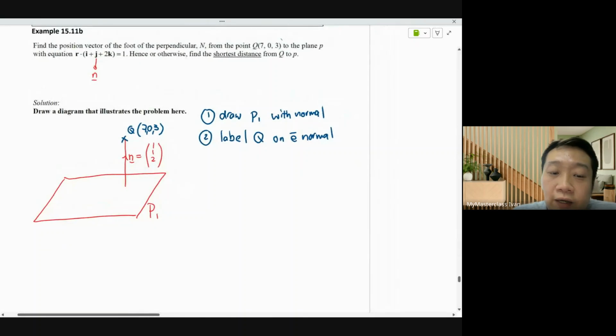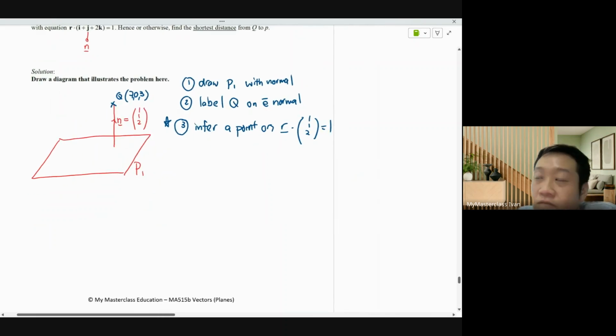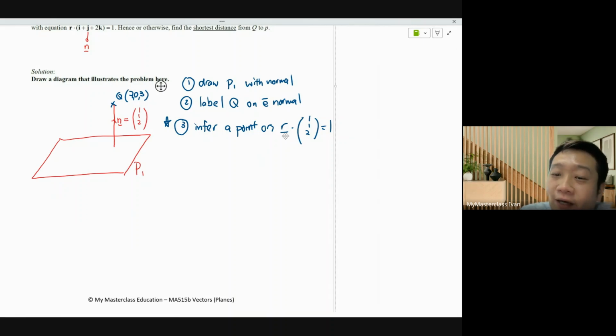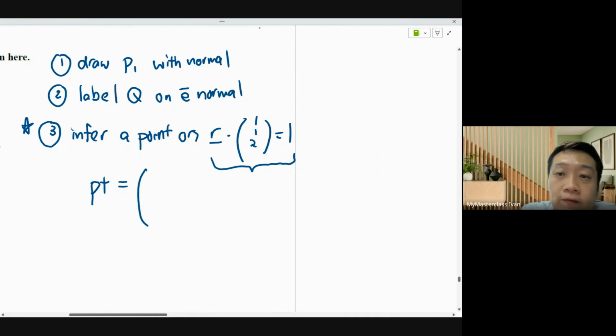Step three is a super important skill. Put the star there: infer a point on r dot (1, 1, 2) equals 1. Remember last week we did this, inferring a point. What could be a point that lies on the plane? You see this x, y, z, you want 1 only. The easiest one will be x is 1, because 1 times 1 is 1.